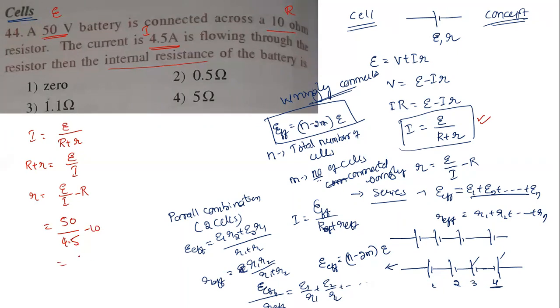So this will be 500 by 45 minus 10. It is going to cancel 5, 9 times 5, 100 by 9 minus 10. If you simplify, 100 minus 90 by 9.